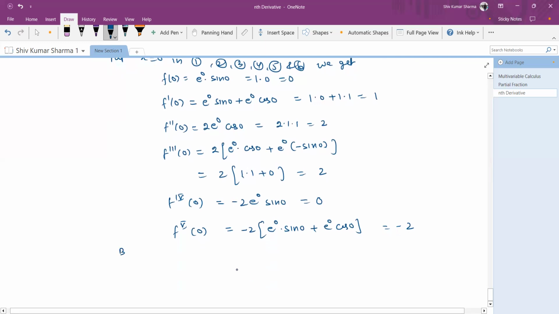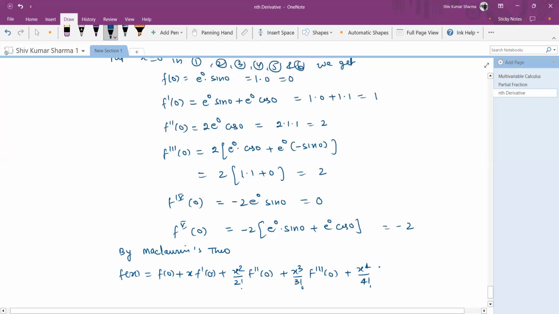So now by Maclaurin theorem, f(x) is equal to f naught plus x f dash naught plus x square upon factorial 2 f double dash naught plus x cube upon factorial 3 f triple dash naught plus x raised to the power 4 upon factorial 4 f4 naught plus x5 upon factorial 5 f5 naught and so on.